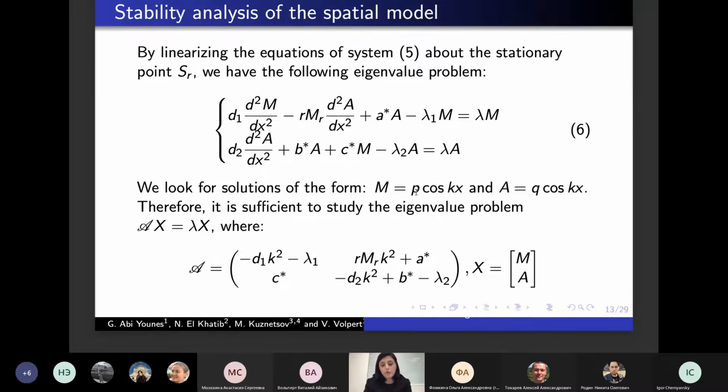We look for solutions of the form m equals p cosine kx and a equals q cosine kx, and therefore we have the following eigenvalue problem. Now we notice here that in this term we have the coefficient r. This coefficient multiplies the chemotaxis term in our model.